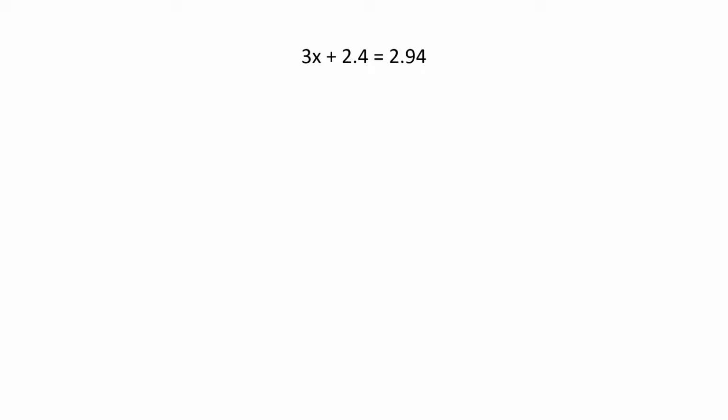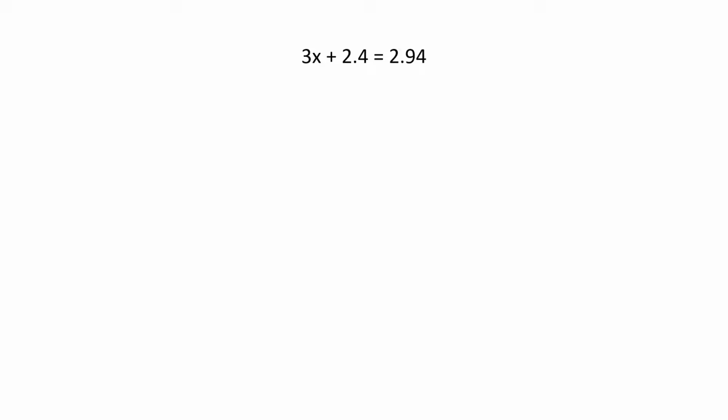Like if I was working this, I would just pick my 2.4 up and move it over and solve for x. But your textbook is going to introduce an idea, and you will use this idea later in a slightly altered version. So I guess they're showing you this in order to prepare you for later on.